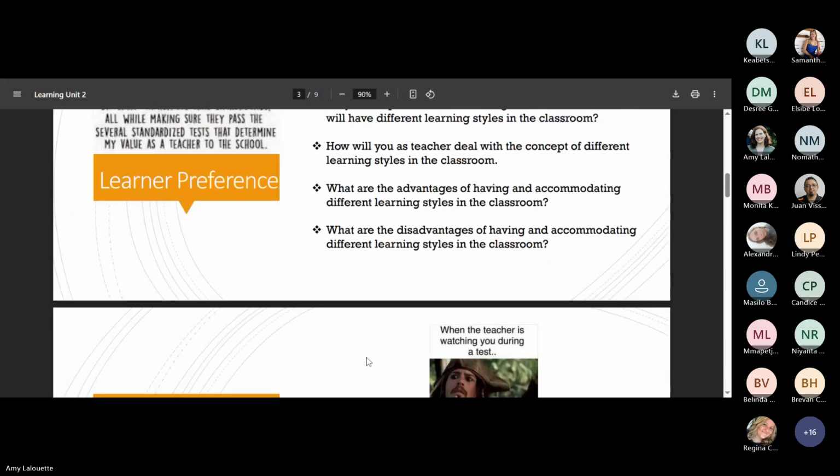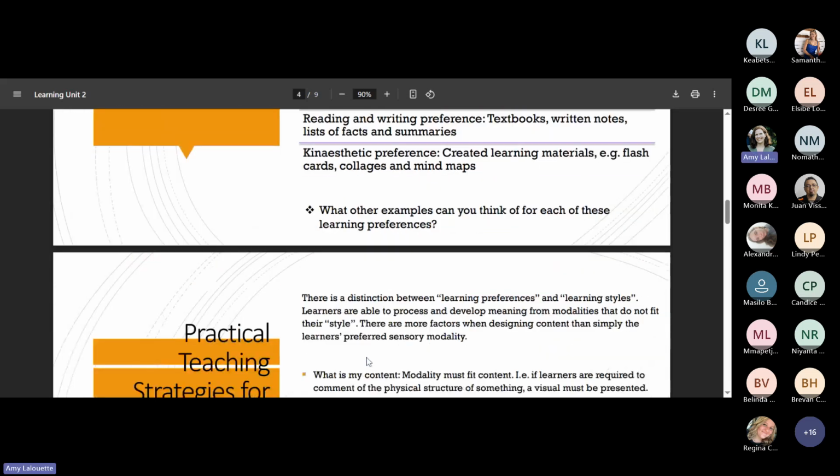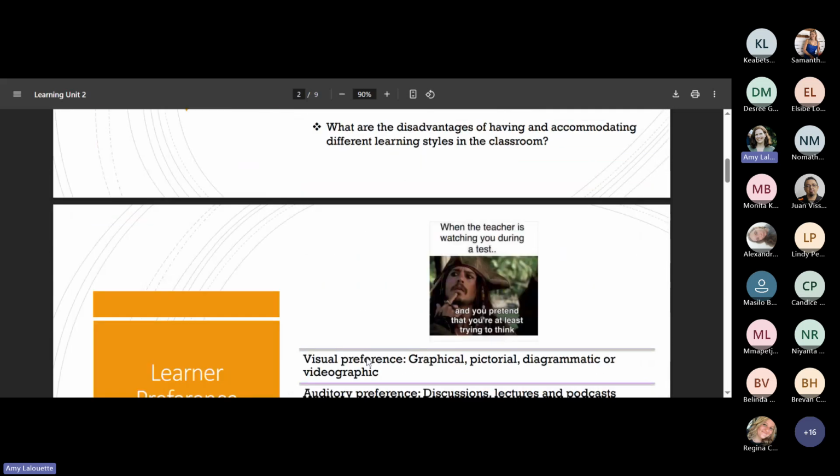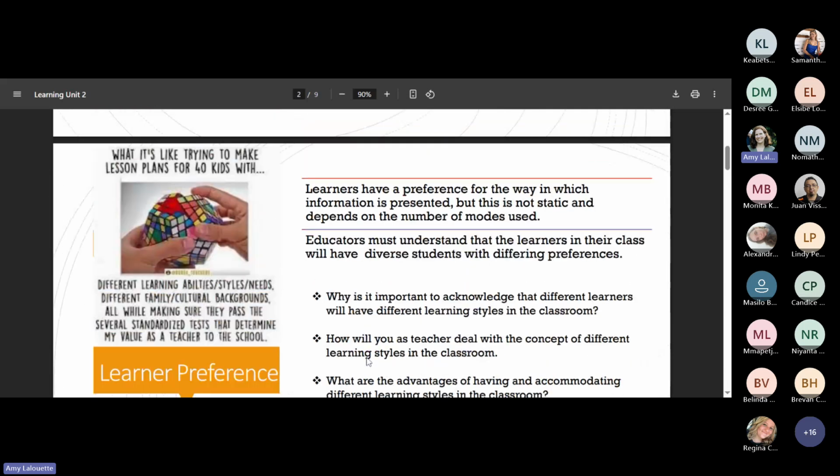Now, the other thing I want to remind you is to go back to our Dark Knight Rises. It's not about how many different types of preferences you can fit into one lesson. It's about sending a message.